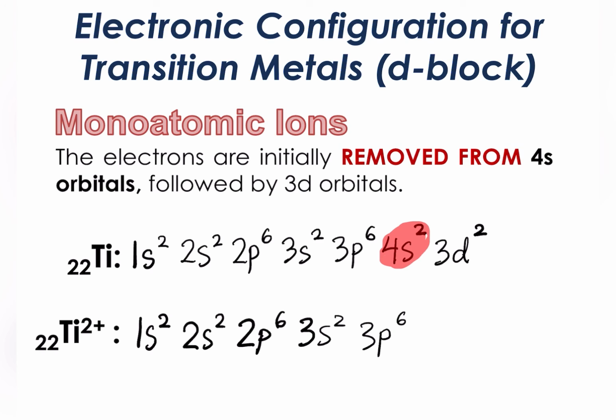So I will close up the configuration to 3d2. So this is the answer for how you remove electrons for monoatomic ions of transition metals.